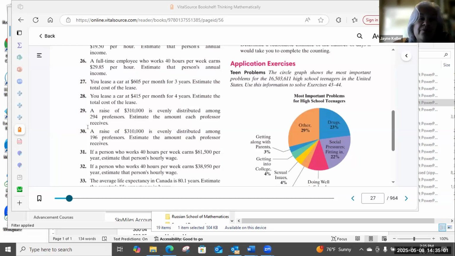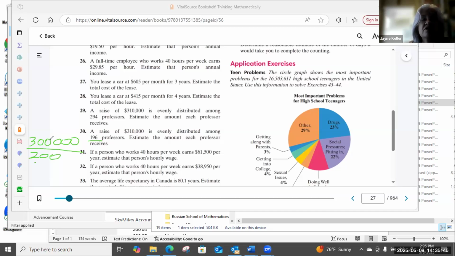Here's one like I was talking about, a division problem. We have a raise of $310,000 that is going to be evenly distributed among 196 employees, professors. So again, we want to try to come up with numbers that are pretty easy to divide. 310,000 is a pretty nice round number anyway. But if I round it to 300,000, and then I round this to 200, now I can just divide.